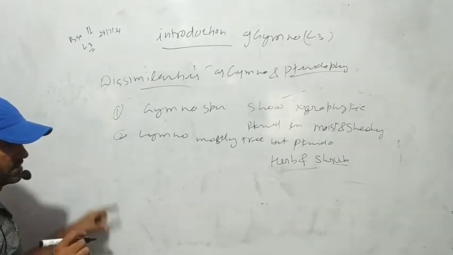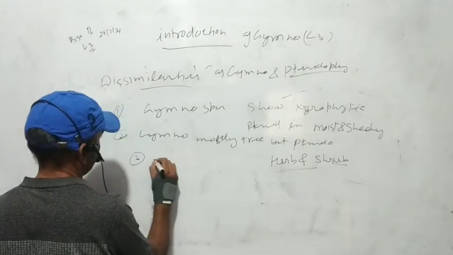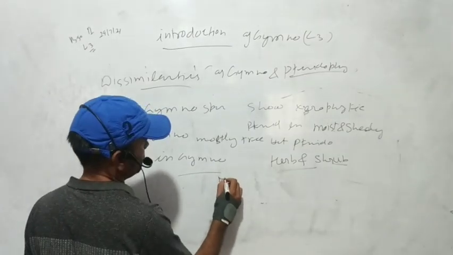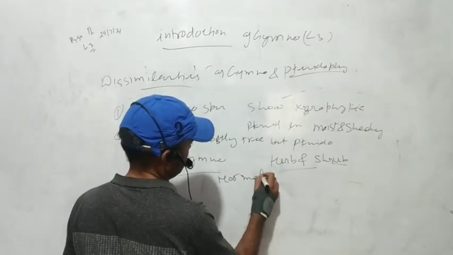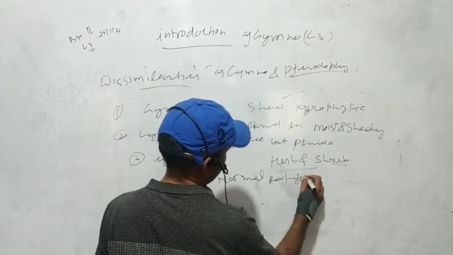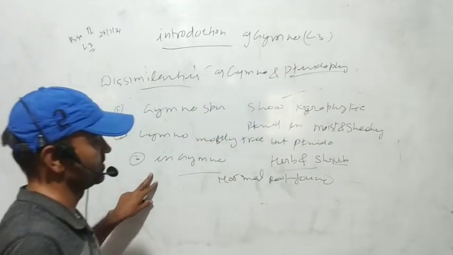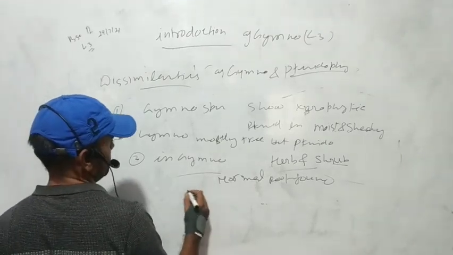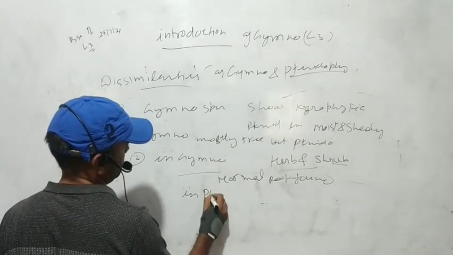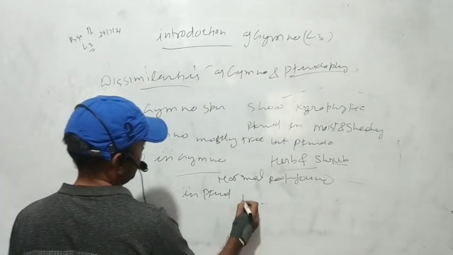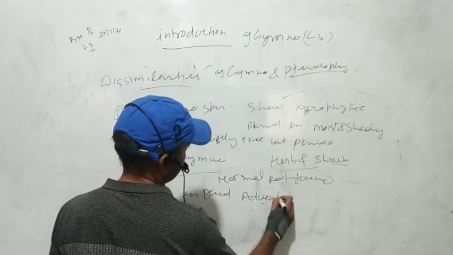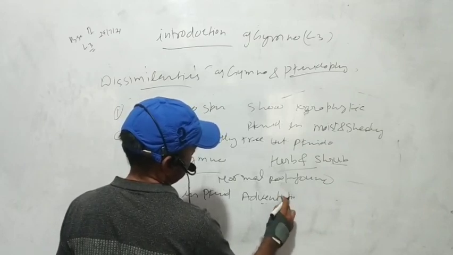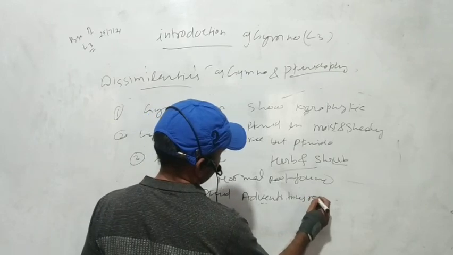And next, in gymnosperm normal root is found, whereas in pteridophyte adventitious root is found.